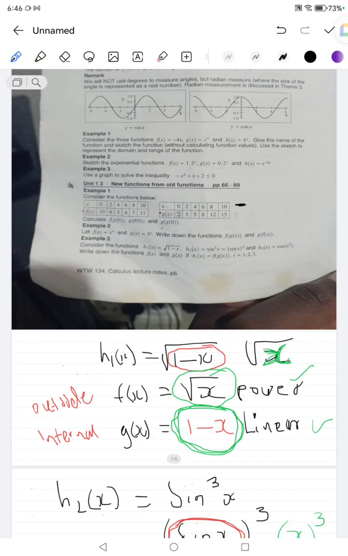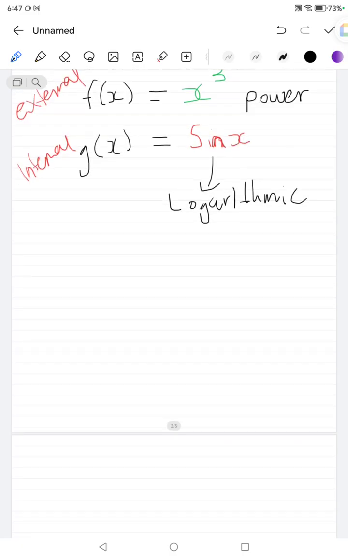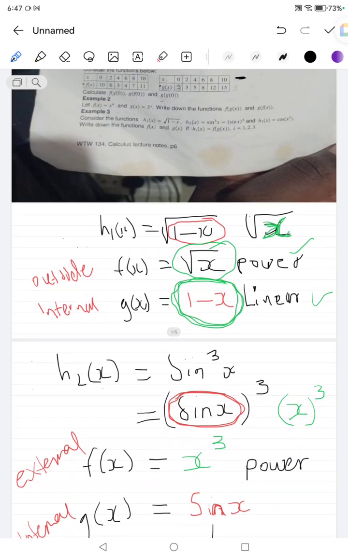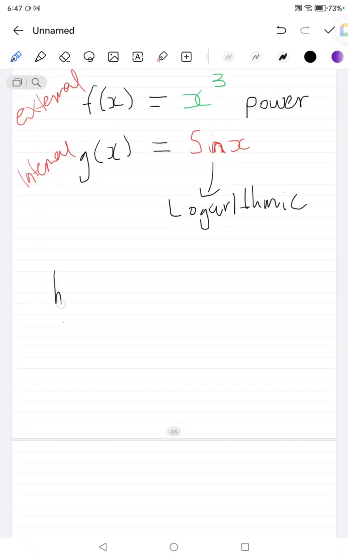We've done that one. Then we have cos of x, cos inside. Okay, the last one, we have h of 3 x, we have cos of x to the exponent. Fine.